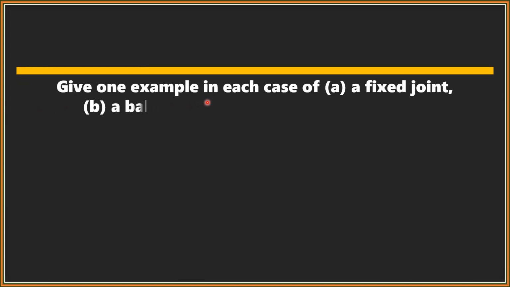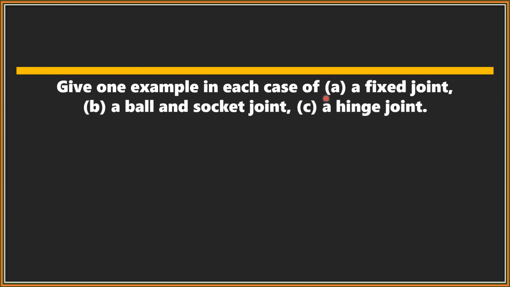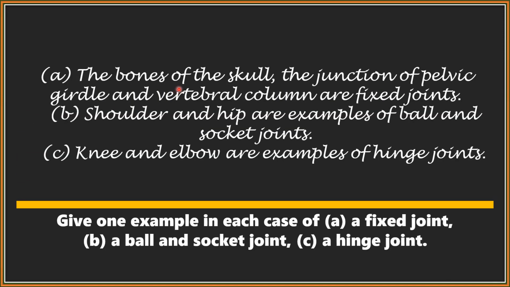Give one example in each case of a fixed joint, a ball and socket joint, a hinge joint. The bones of the skull, the junction of pelvic girdle, and vertebral column are fixed joints.